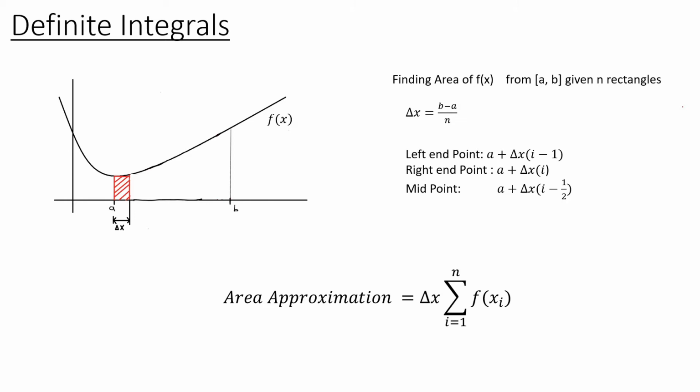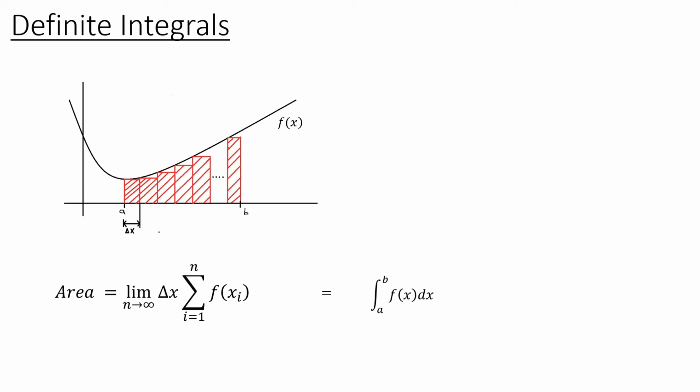So we're going to combine this with the previous topic, limits, so that the number of rectangular shapes will be infinite. Instead of having 5 or 10 or 100, we're going to look at what happens if you have rectangular shapes approaching infinity. Because of infinity, those small gaps will disappear, allowing us to calculate the area.